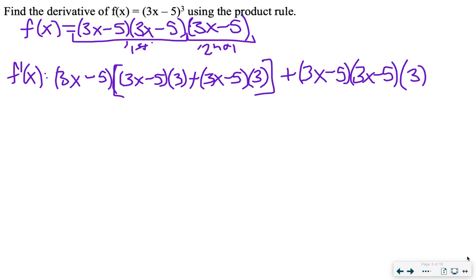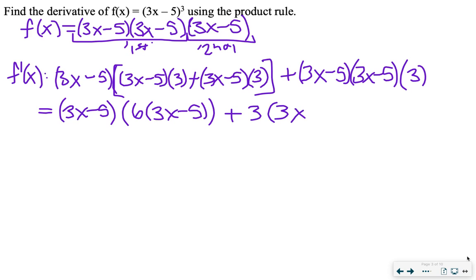All right, so let's just simplify that a bit there. Okay, so simplify that a little bit. Simplify that a little more.